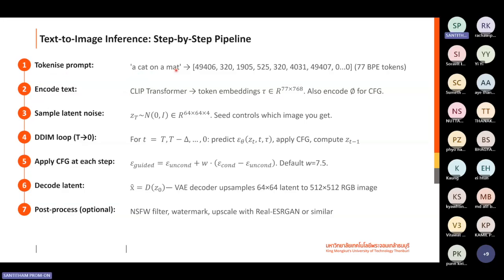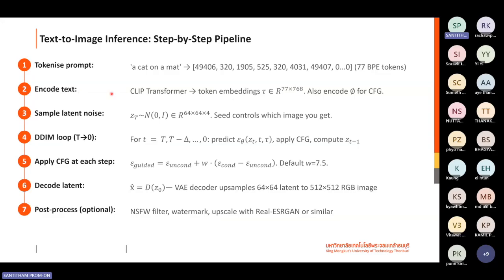'A cat on a mat' is tokenized as these byte-pair tokens. Then the CLIP transformer encodes them to a token embedding of 77 by 768.